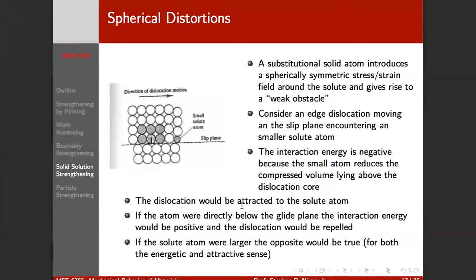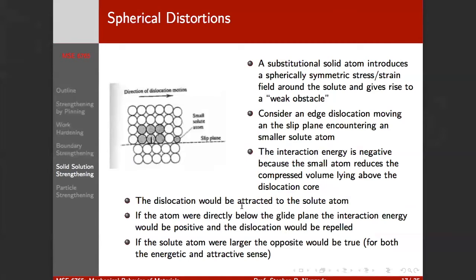Above the slip plane, are we in a state of tension or compression? The atoms are squished. Below the slip plane, we're in a state of tension, right? Atoms are farther apart.